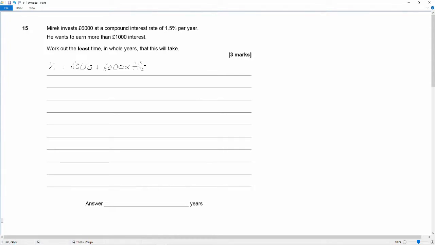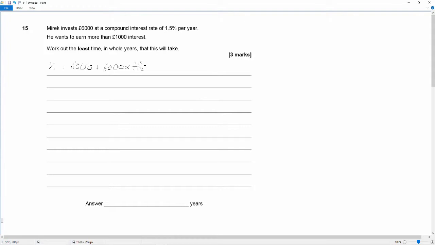So he's got his £6,000 plus his interest, which is 6,000 times 1.5 over 100. Okay, so in year two, he's going to have his £6,000 plus his 6,000 times 1.5 over 100. And all of that, he's going to have interest on top of that, which is basically this lot multiplied by 1.5 over 100.